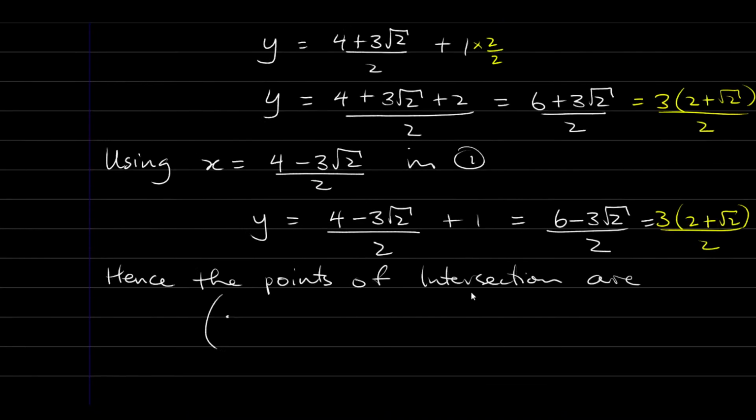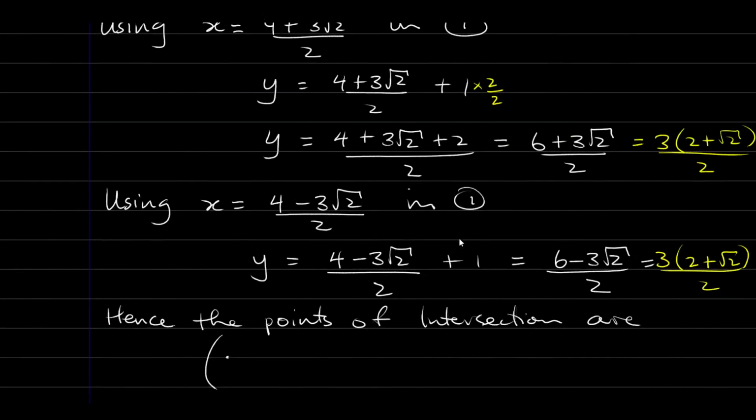So we're going to put it in the form 4 plus 3 root 2 over 2, and then that's going to be 3 into 2 plus root 2 all over 2.